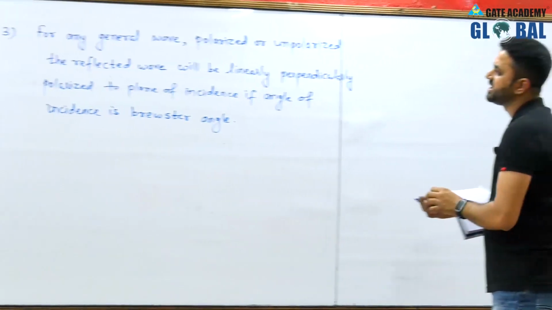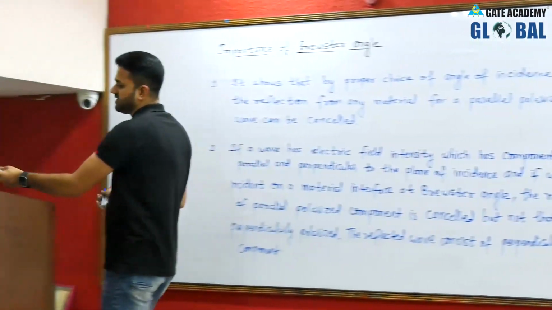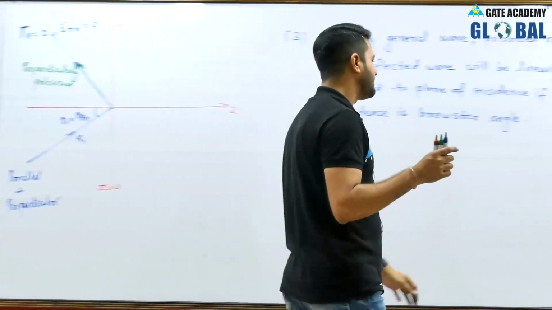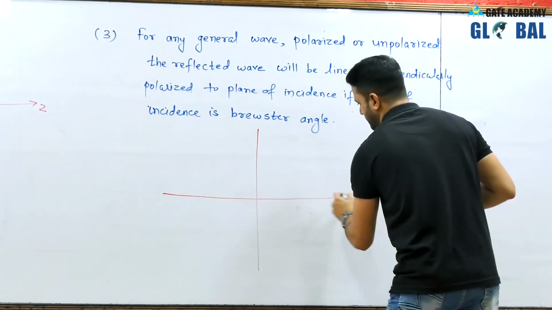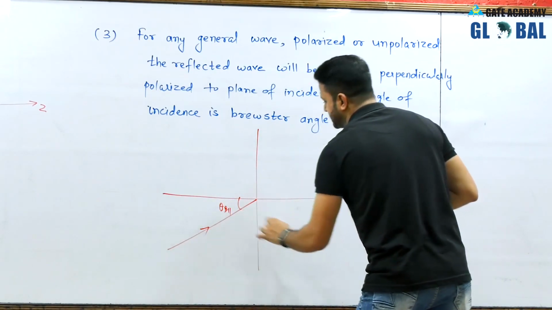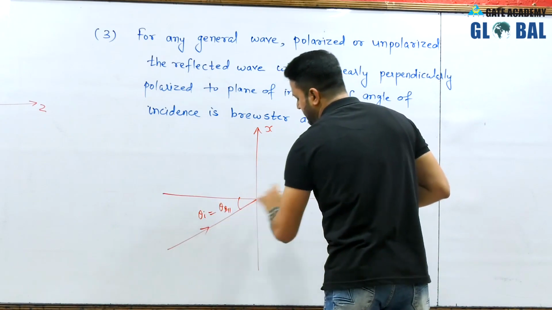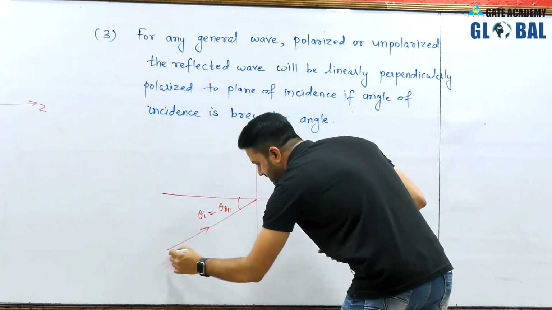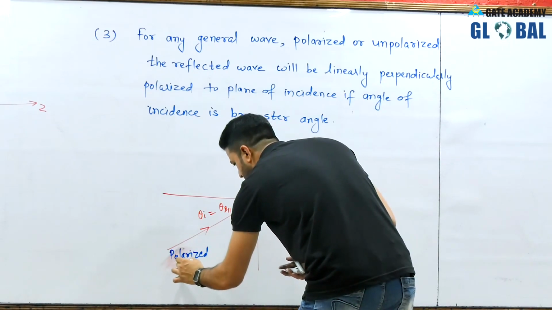What we are saying is that if the wave is incident on a material interface, whether it is polarized or unpolarized, if the reflected wave is present, then that reflected wave will definitely be linearly polarized. As I told you, if this wave is incident with the angle of incidence equal to Brewster angle, with z axis and x axis as shown, and angle of incidence equal to theta b parallel, it does not matter whether the wave is polarized or unpolarized.